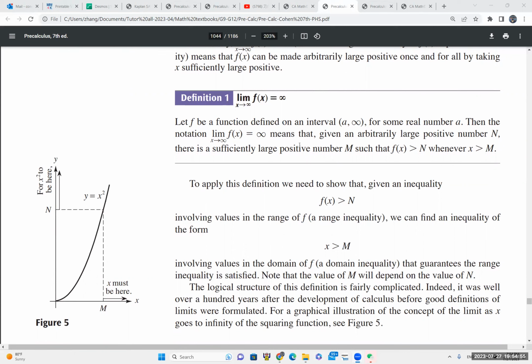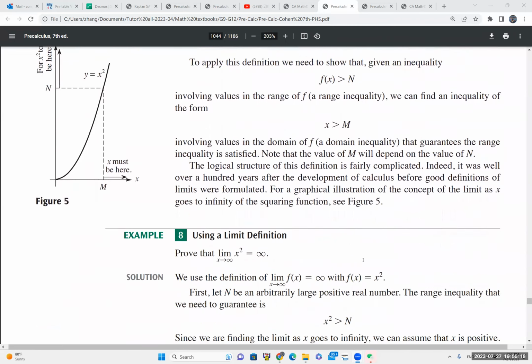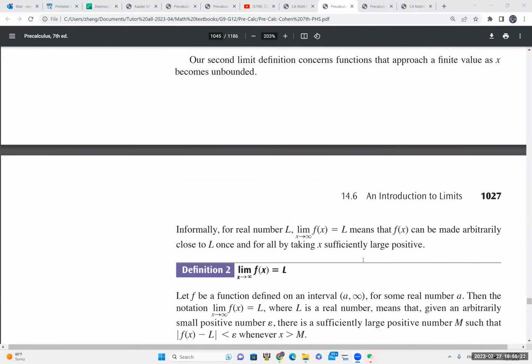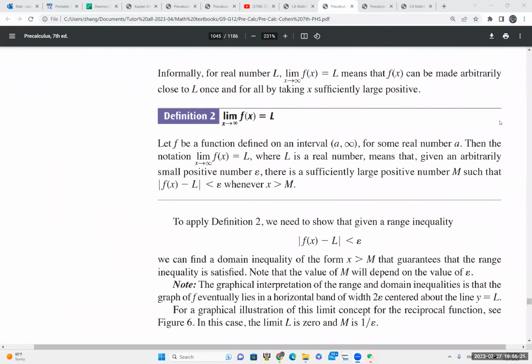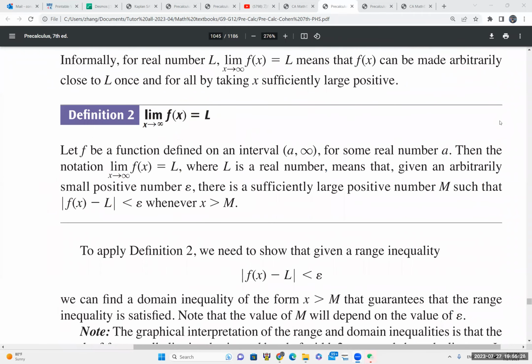Then the notation means that for any given arbitrarily large positive number N, there is a sufficiently large positive number M such that when x is greater than M, f of x is greater than N. So the limit means the value will be as close to this as close enough, right?